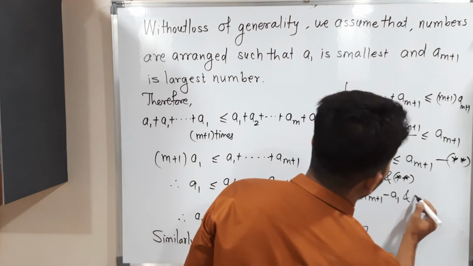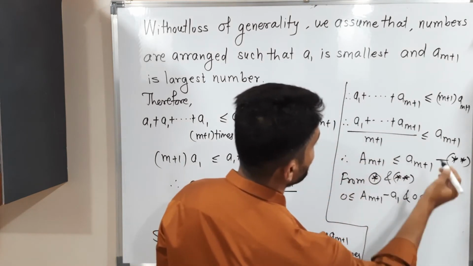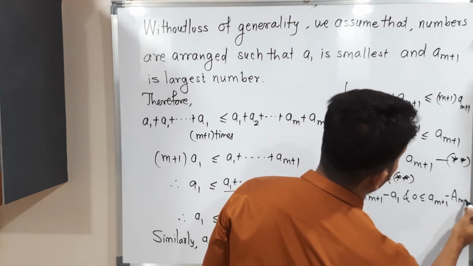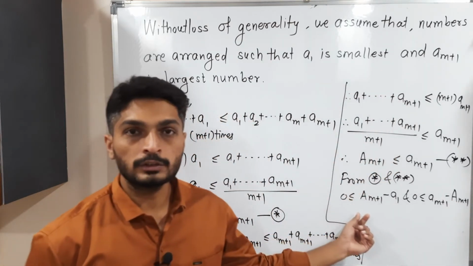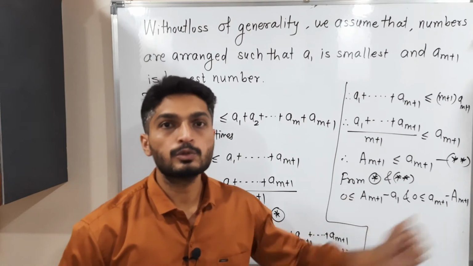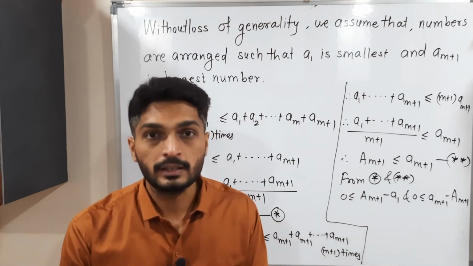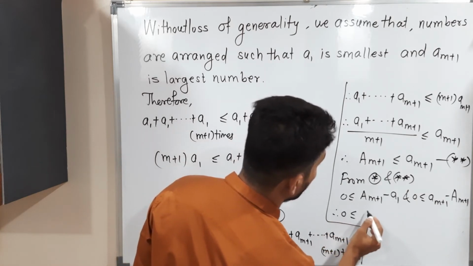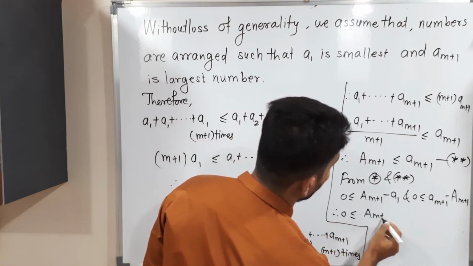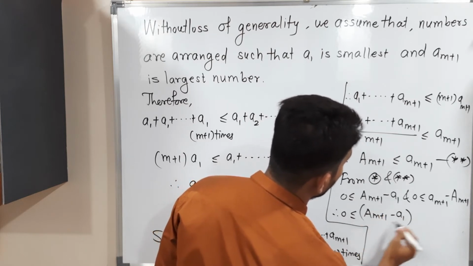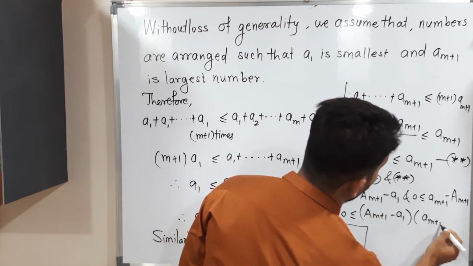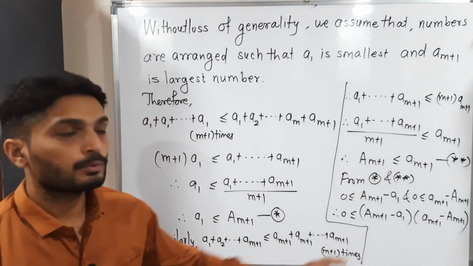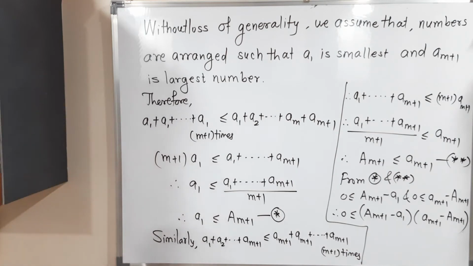And what can I write here? 0 less than or equal to, I am shifting a(m+1) on that side, so A(m+1) minus capital A(m+1). See, this is positive, that means non-negative. This is also non-negative. So if you take their product, then also it is non-negative. So therefore, 0 less than or equal to (a(m+1) minus a1) into (A(m+1) minus a(m+1)). Okay, there is no more space to write. You can make a screenshot of it, then we will go further.